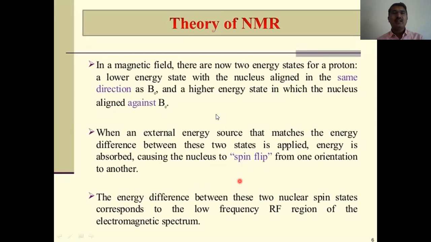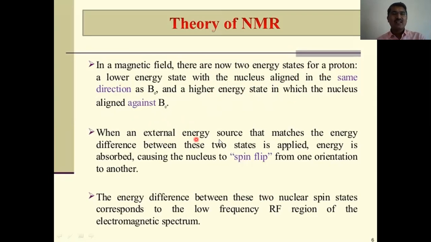Theories of NMR. In a magnetic field, there are now two energy states for protons: a lower energy state with the nucleus aligned in the same direction as B0, and a higher energy state in which the nucleus aligns against B0.